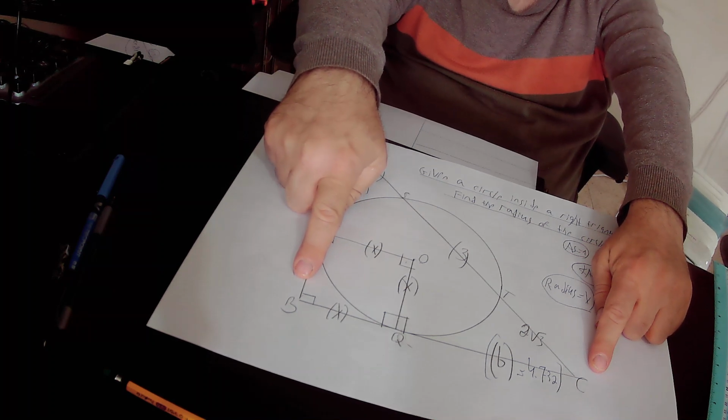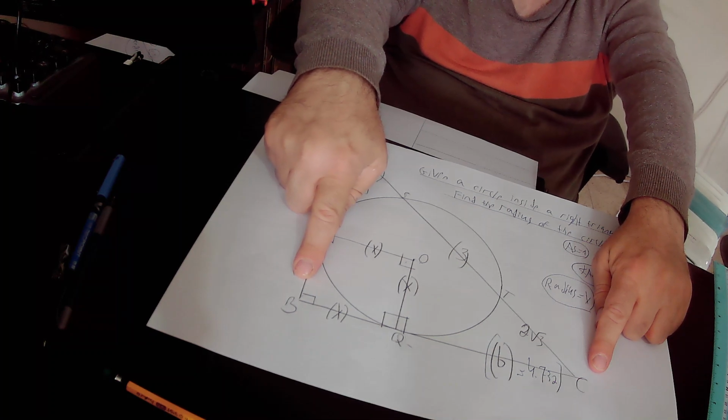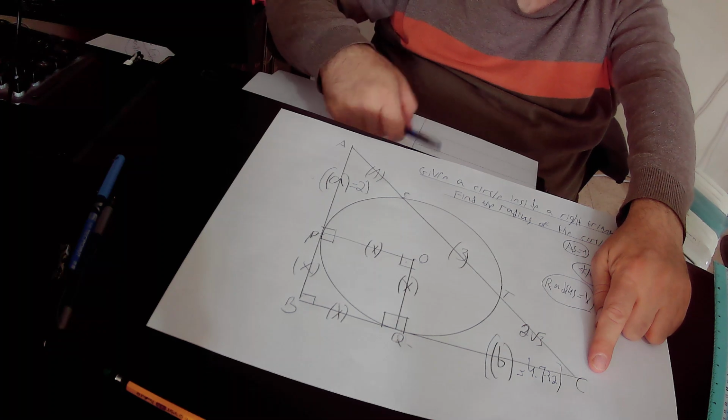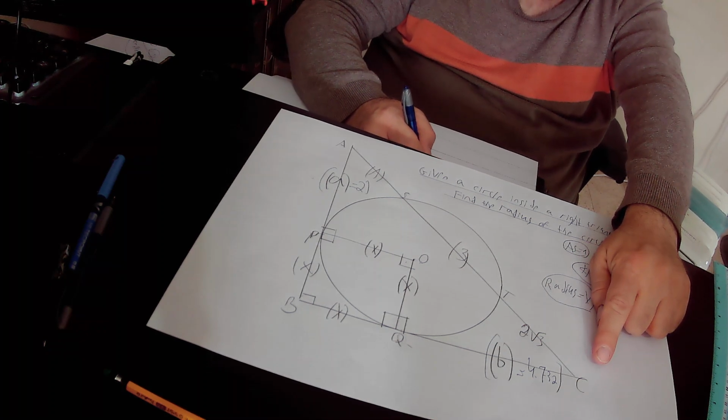BC in total equals x plus 4.732. And therefore BC squared in total will be equal to (x plus 4.732) squared.